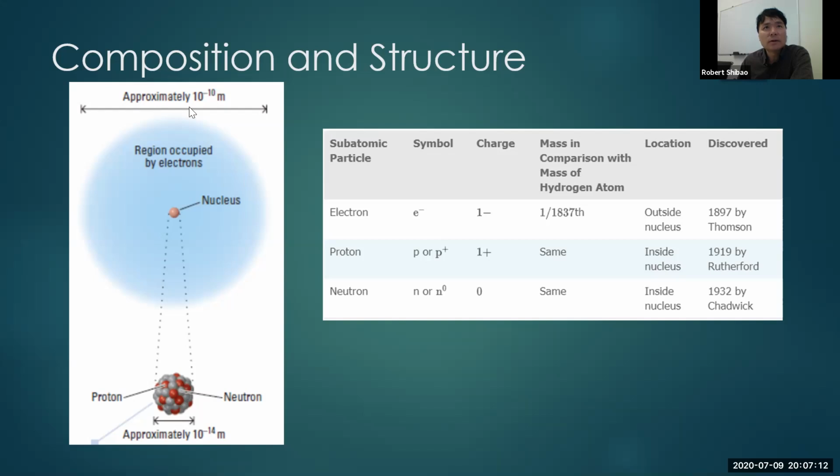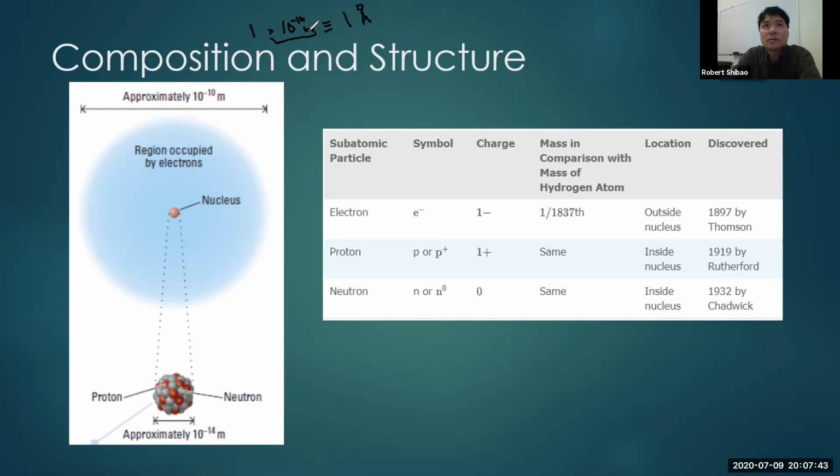The atom is approximately 10 to the minus 10 meters. Let me tell you a different unit here. 10 to the minus 10 meters is defined as the angstrom. So 1 times 10 to the minus 10 meters is 1 angstrom.